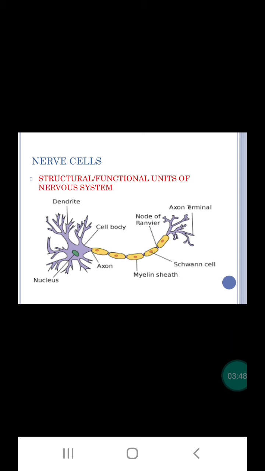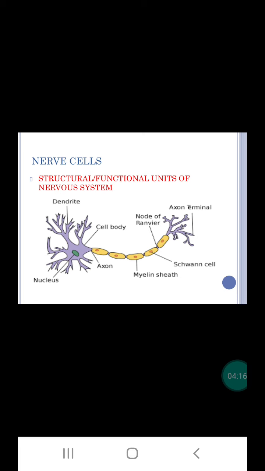Next is nerve cells. Nerve cells are the structural and functional unit of nervous system. The whole structure of the nerve cell consists of cell body. In the cell body, nucleus is present, and to the outside dendrites are present. And axon is there, which is externally myelinated with myelin sheath which protects it.